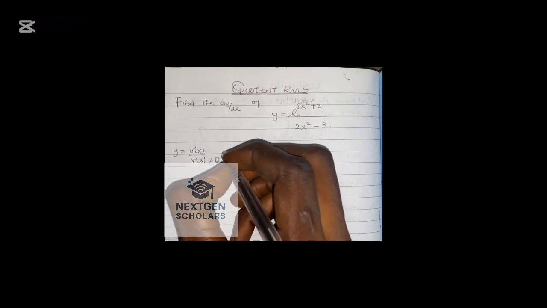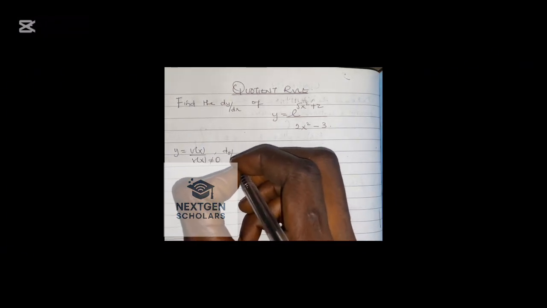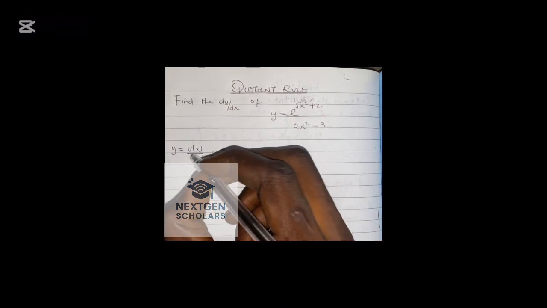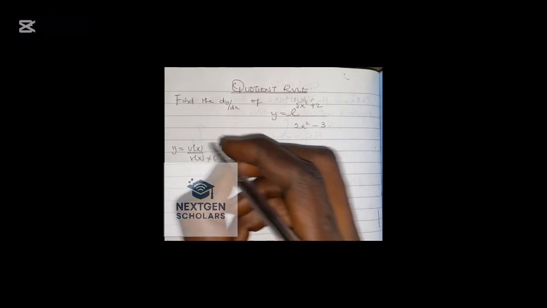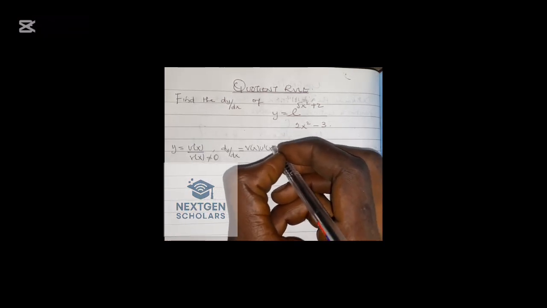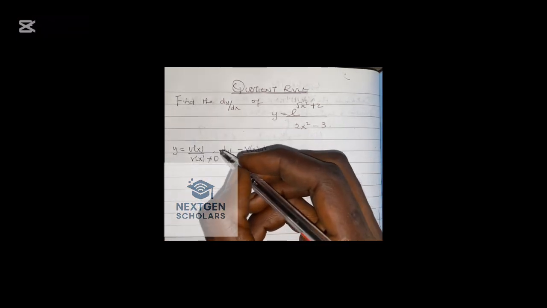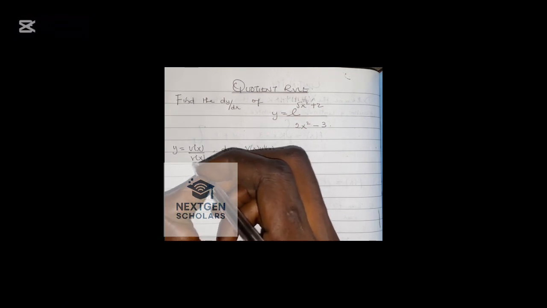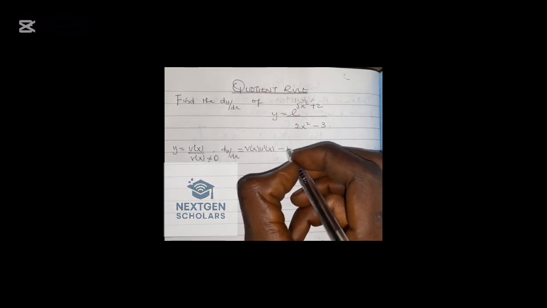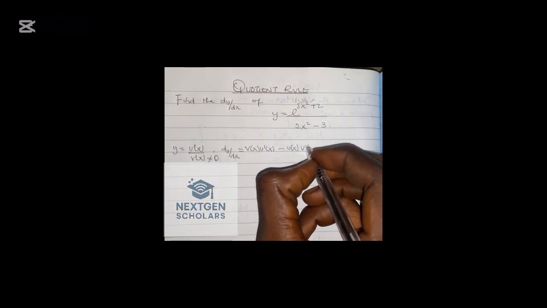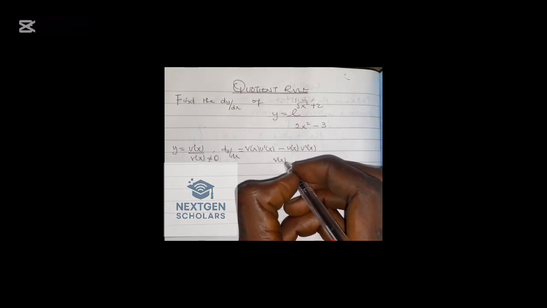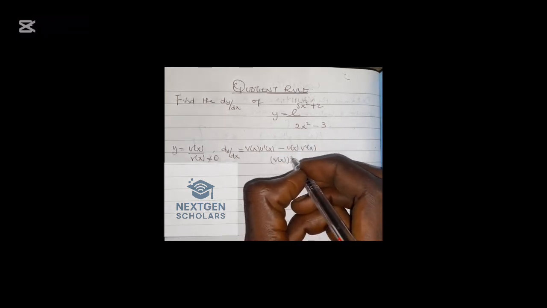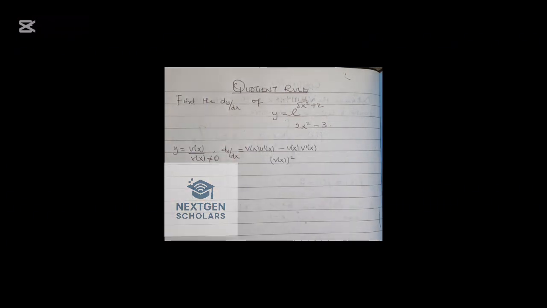Then the dy/dx of this function will be equal to, the law says that you should keep the second function v of x and differentiate the first function u of x, minus, do the reverse now, keep the first function and differentiate the second function, all over the square of the second function. That is what the quotient rule says.